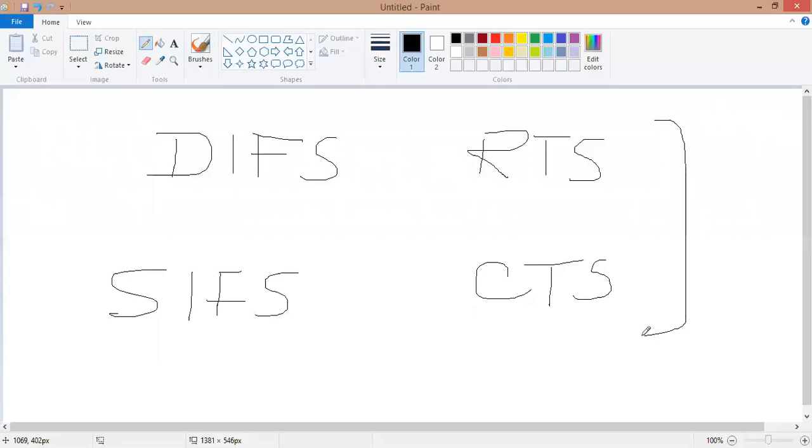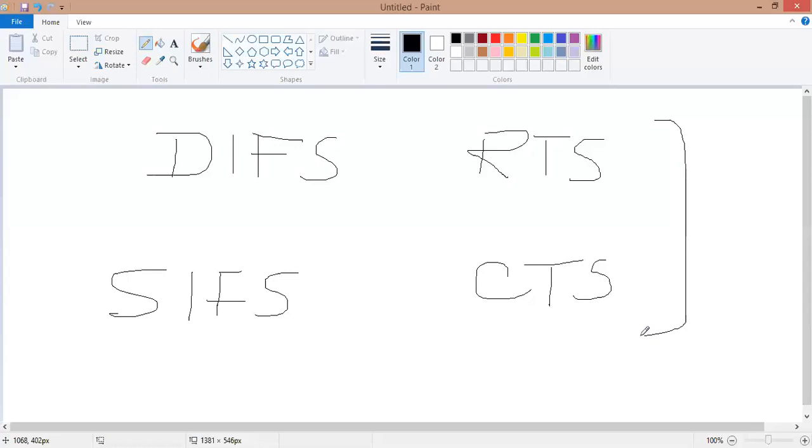Along with that, I want to define another thing, NAV. What is NAV? Network allocation vector. The key feature of NAV is something like this. You may think just in this way.